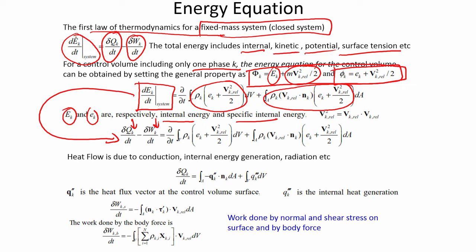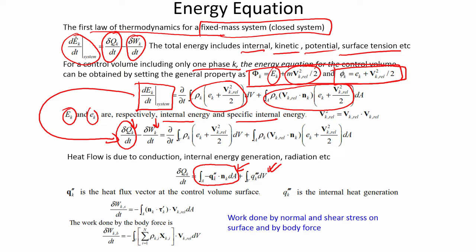Here we are proposing something a little bit interesting, that this particular term, which is nothing but the heat transfer across the control surface, can happen in two ways. One is due to the internal energy generation inside the control volume, and the other one is the flux that is coming due to conduction.